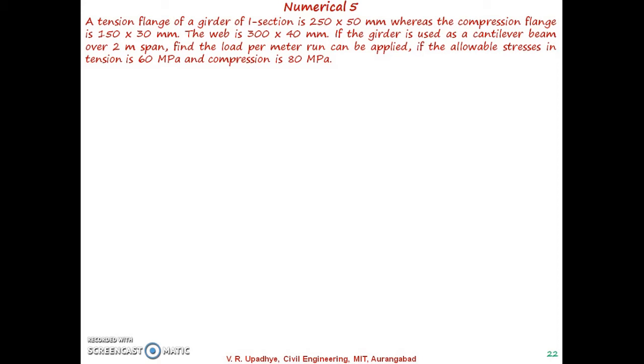Now if it is a cantilever beam and if it is subjected to UDL throughout, then the top flange will be subjected to tension and the bottom flange will be subjected to compression. So what is given is a tension flange of the girder of 250 by 50 mm. So as it is a cantilever beam, this flange is at top. So while drawing the cross section, you should take care of it.